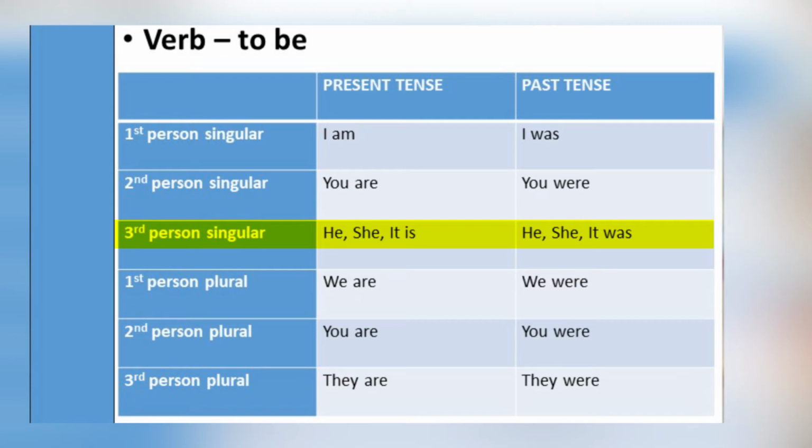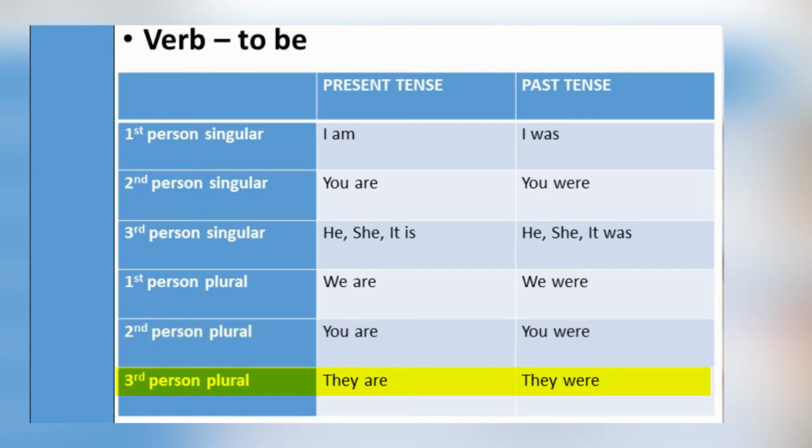He, she, it is. In the past tense, he, she, it was. First person plural. We are, past tense, we were. Second person plural. You are, in the past tense, you were. Third person plural. They are, in the past tense, they were.